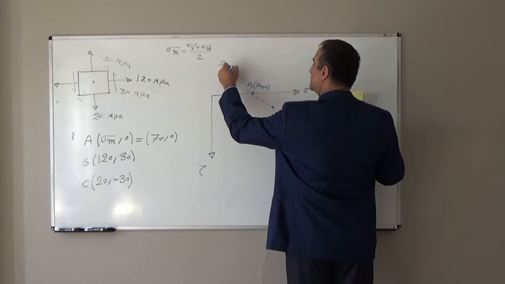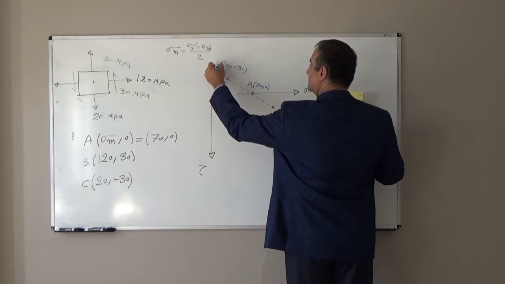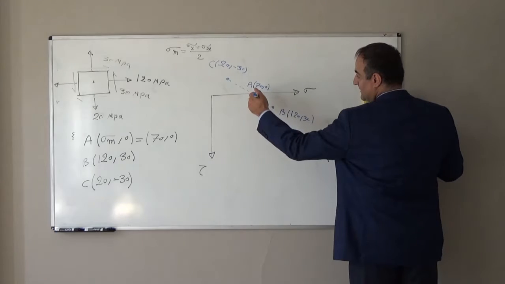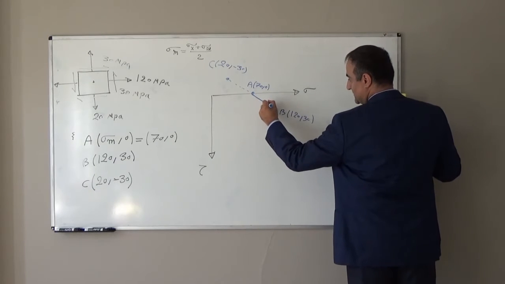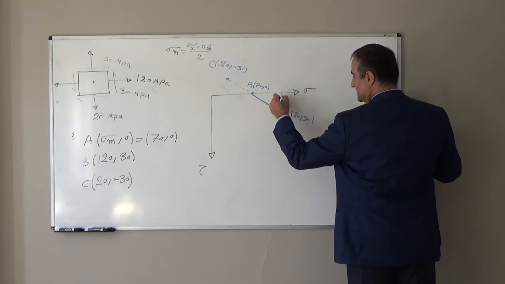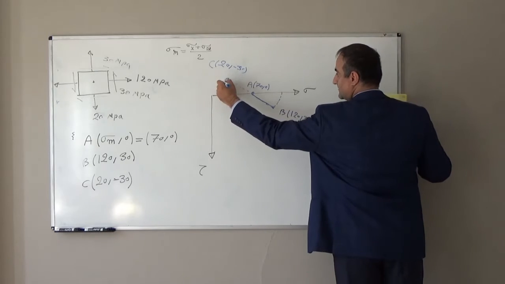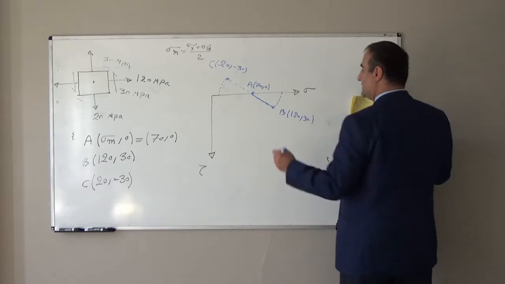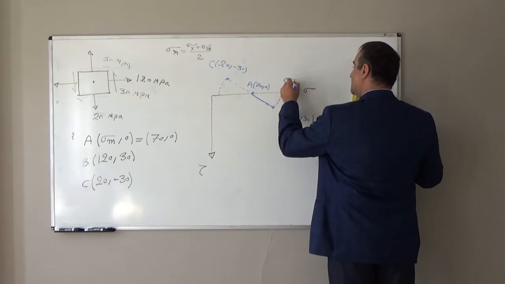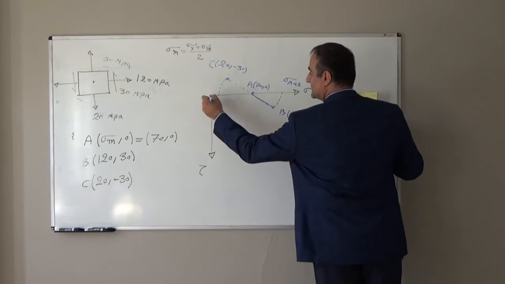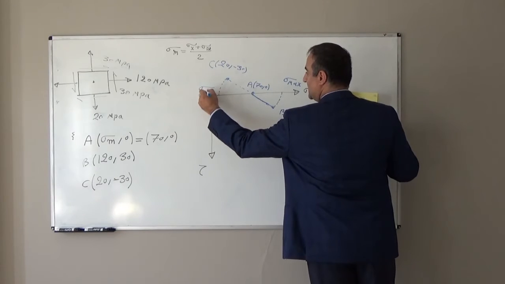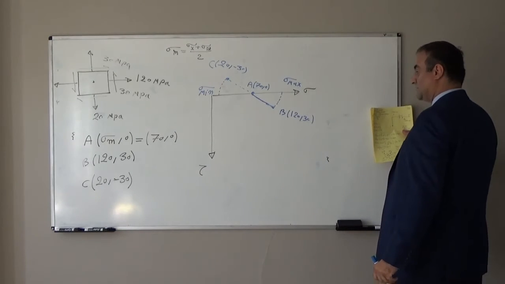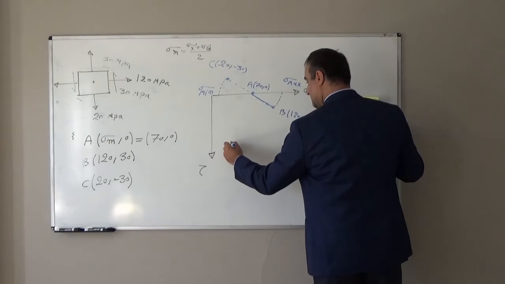Now, with center A and this radius, I should draw a circle. This circle's intersection with the sigma axis will show sigma max and sigma min, the principal stresses. Tau max will be equal to the radius.